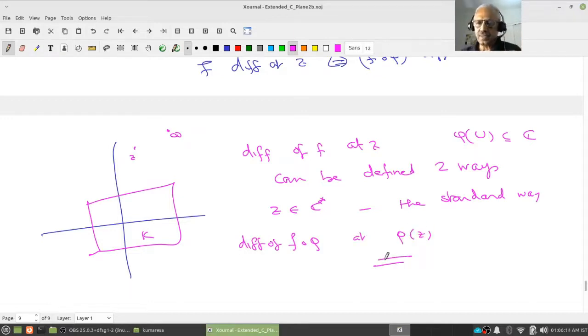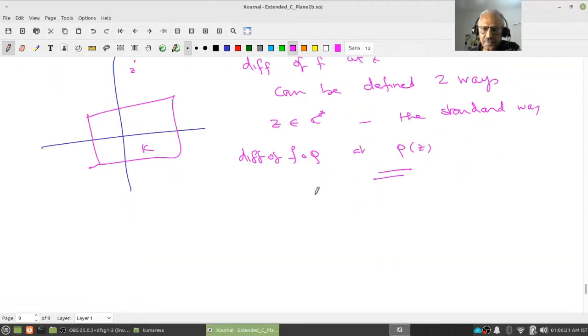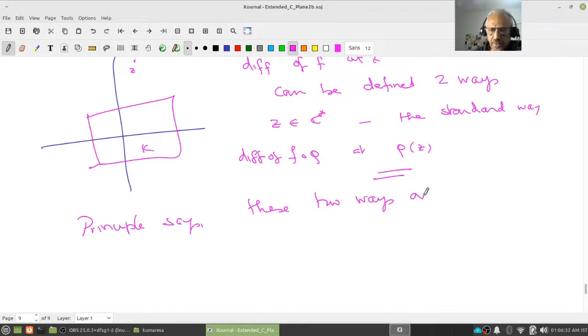Okay, and what we know from our working principle is these are one and the same. Our principle says these two ways are equivalent. What does it mean?